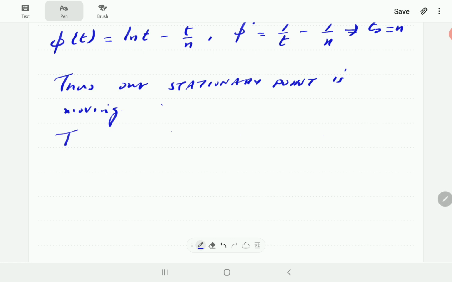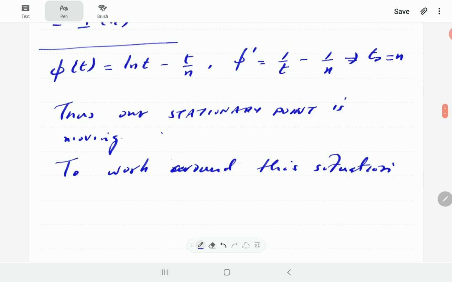To work around this situation, because you can see that here as n goes to infinity, our stationary point is actually going to move towards infinity, we need to devise a way of working around this.